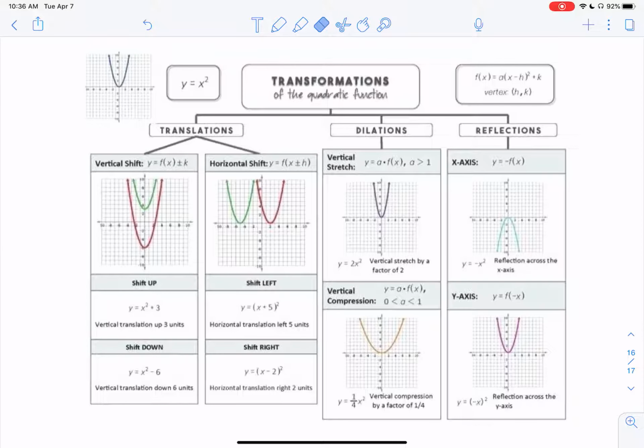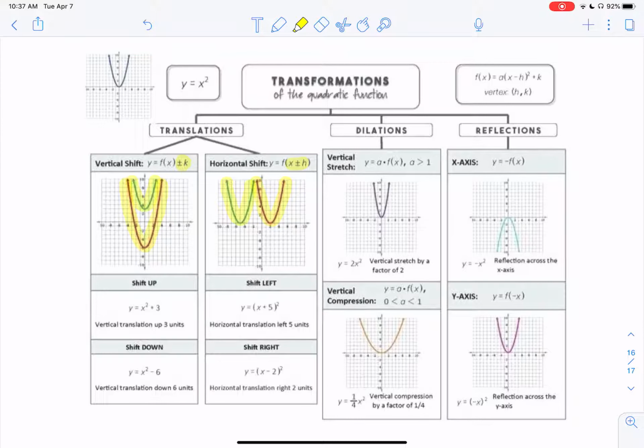When we have a vertical shift, where the parabola has been either shifted up or down, that is affected by a number outside parentheses at the end. When we shift left or right, that's affected by the number inside the parentheses, added or subtracted.